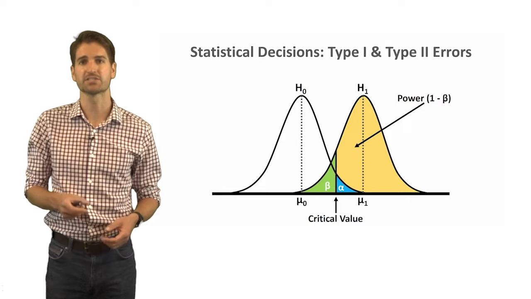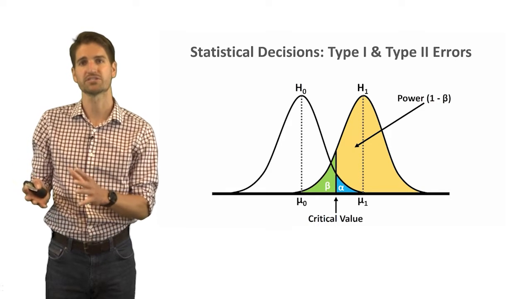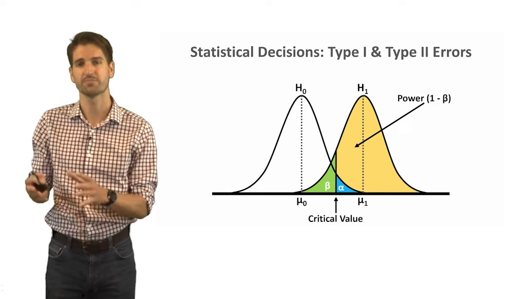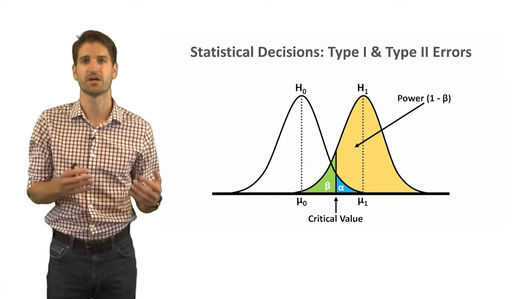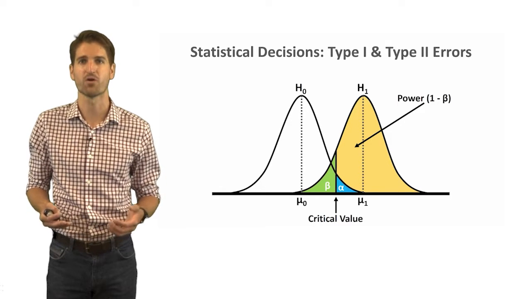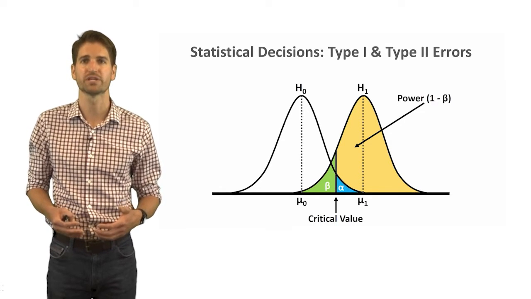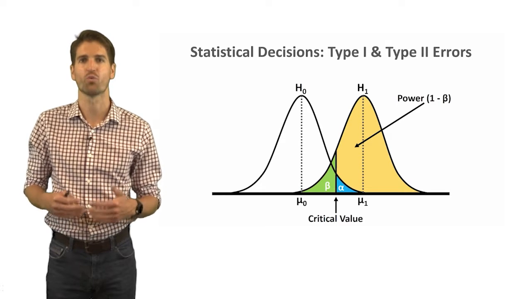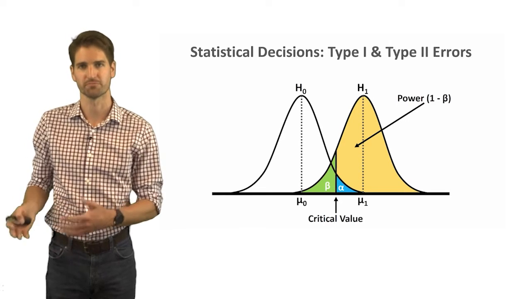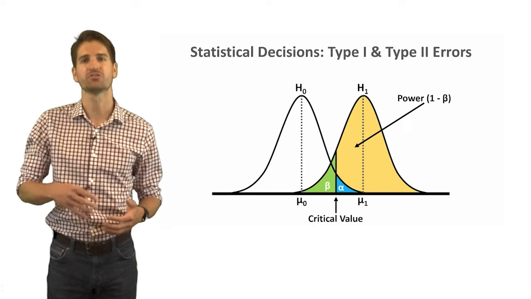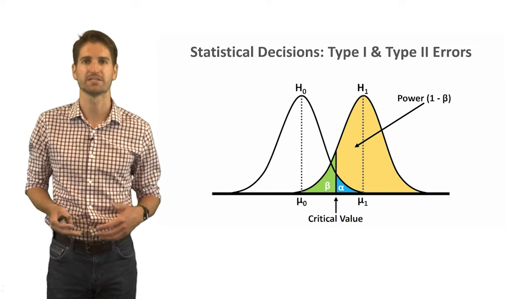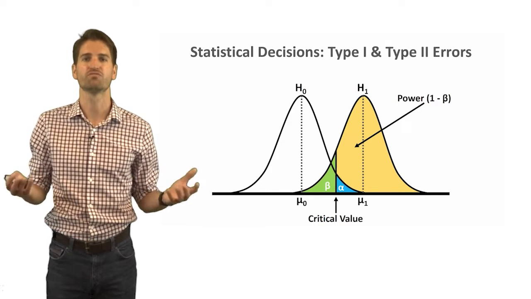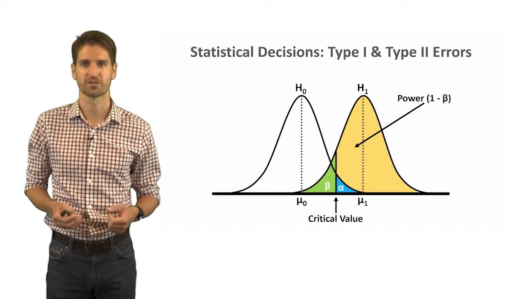Okay, so the next concept is statistical power. Type 2 error is a function of statistical power, or just simply power, because remember, power is simply 1 minus beta, or 1 minus the type 2 probability. This is all the yellow that you see shaded in here in the sampling distribution of the mean for the true alternative hypothesis.